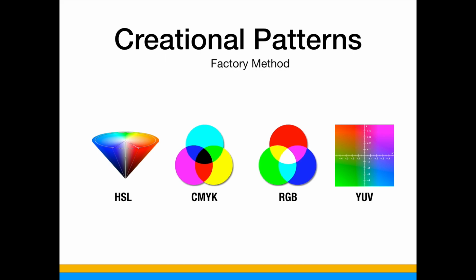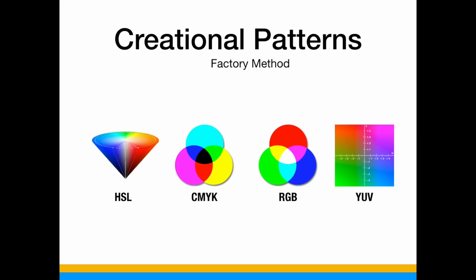If you're calling get new color and then three integers, which one is it? So the factory method helps you differentiate that, by making the constructor private. You can create the methods and control those via the method names. So that's an important thing.